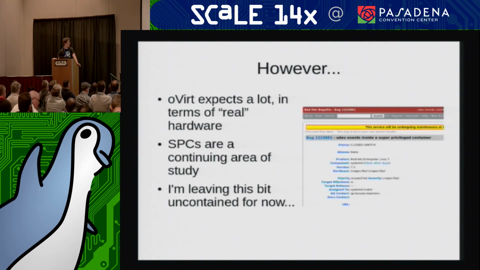Around the Project Atomic campfire, we've talked about these as super privileged containers. There are a lot of cool things you can do with them, but as projects are trying to containerize themselves, and individual community members are exploring it, we're bumping up against some issues. So I went down the path a little bit of watching the logs and the interaction as oVirt talked to the container.